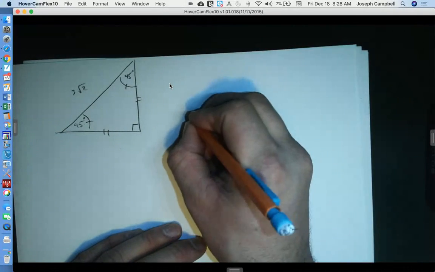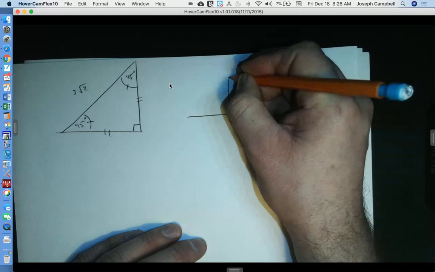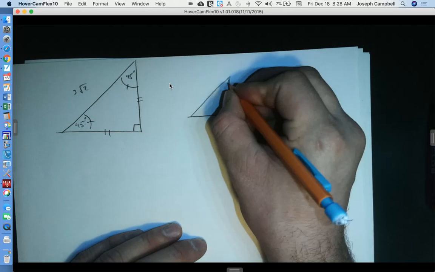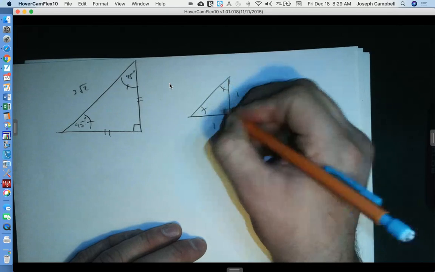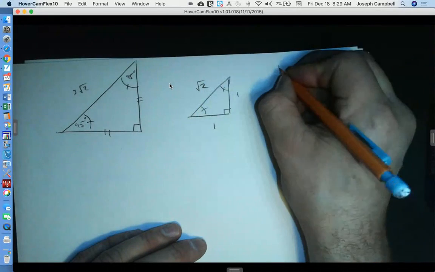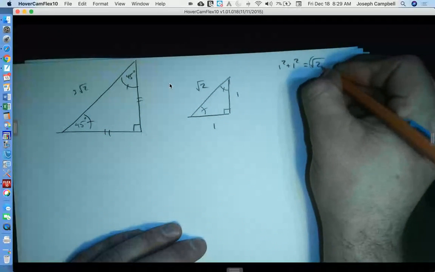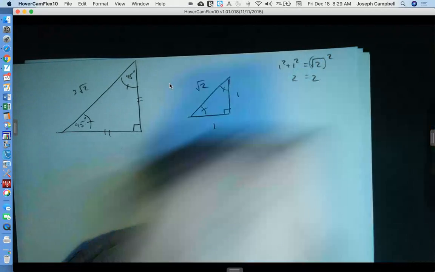Go ahead and sketch your reference triangle. Okay, you should remember this, but if you don't, 1, 1, root 2. And if you forget, just do the Pythagorean theorem, and you'll see you end up with a true statement.